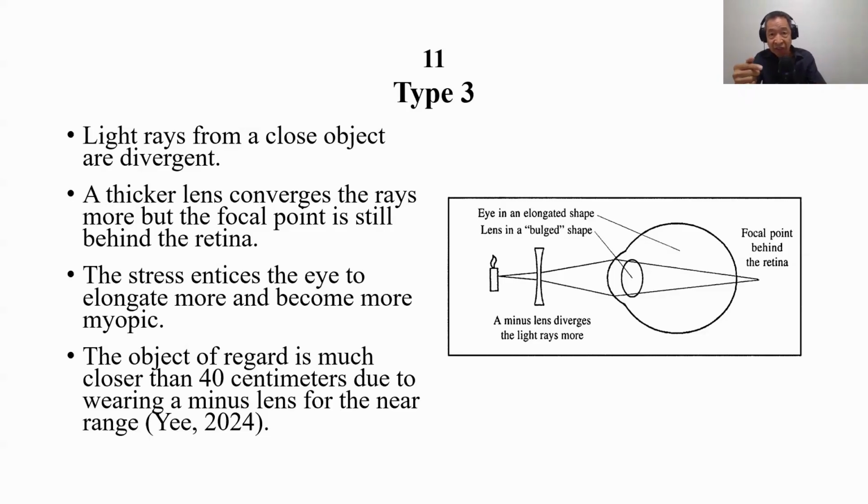And the increase in stress induces the eye to become even more myopic because the object of regard is much closer than 40 centimeters due to wearing a minus lens. You are taking much more effort to maintain that focus under this condition.